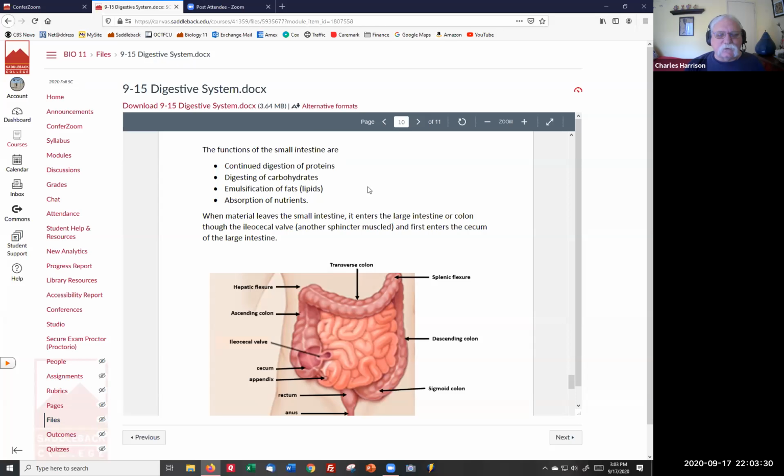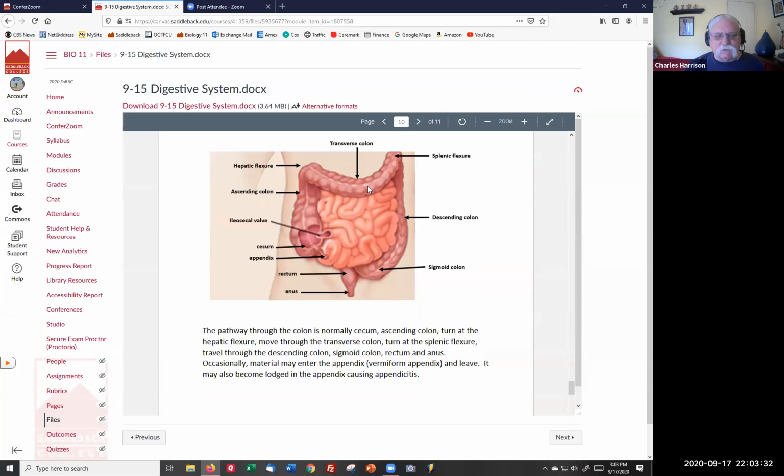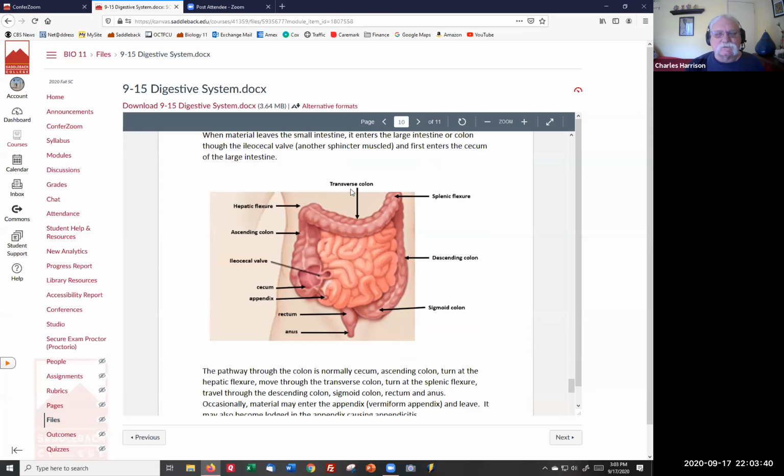When any material leaves the small intestine, shown roughly here without any particular labels, it enters into the large intestine, and it enters into the cecum specifically. Here's the last part of the small intestine, the ileum.